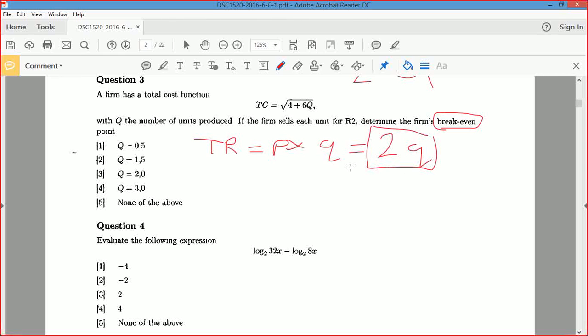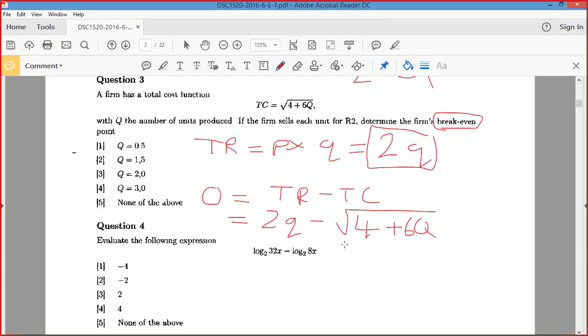Do I have my total costs? Yes, you've got your total cost. Correct. Break even is going to be no profit and no loss, so total revenue minus total costs is 0. Total revenue is 2Q. Total cost is the square root of 4 plus 6Q. What must I do?